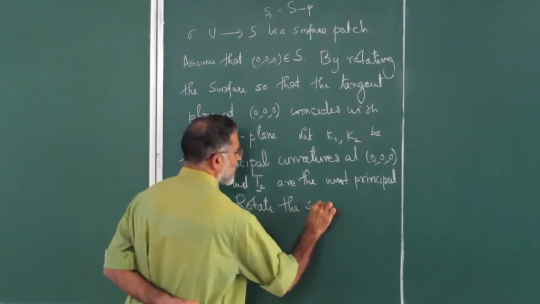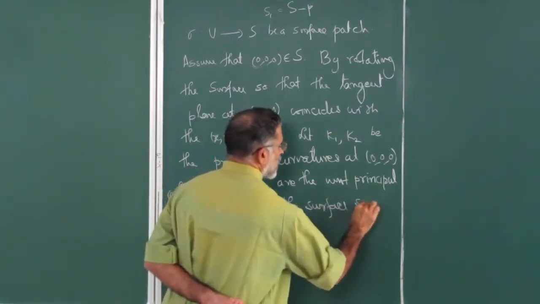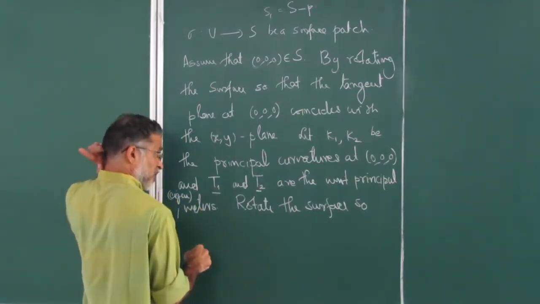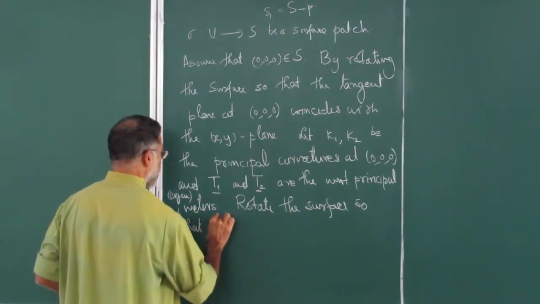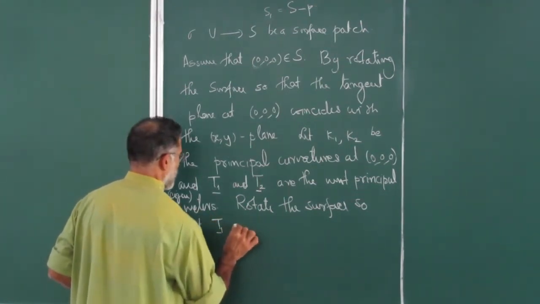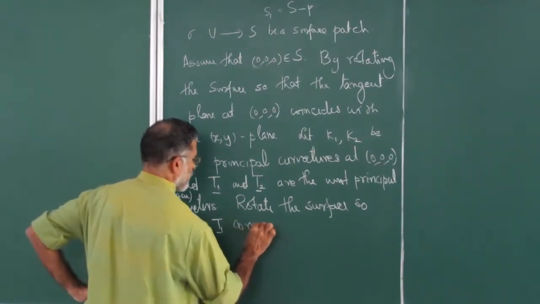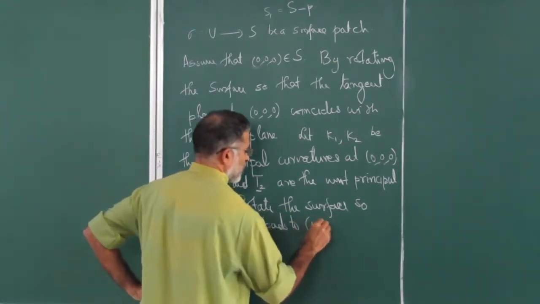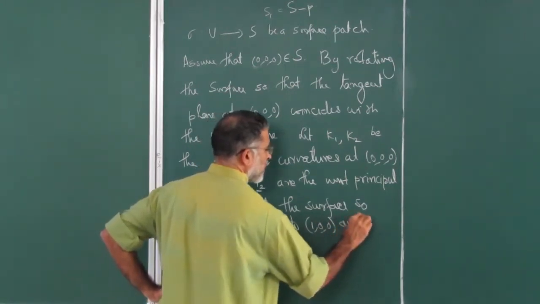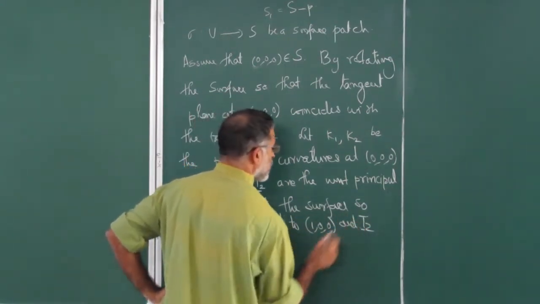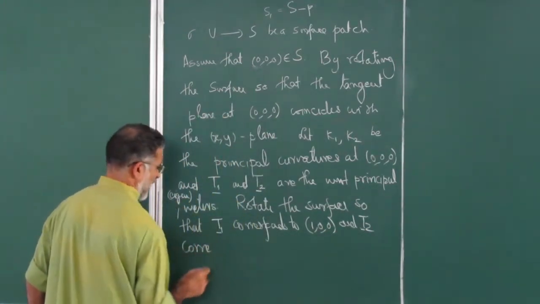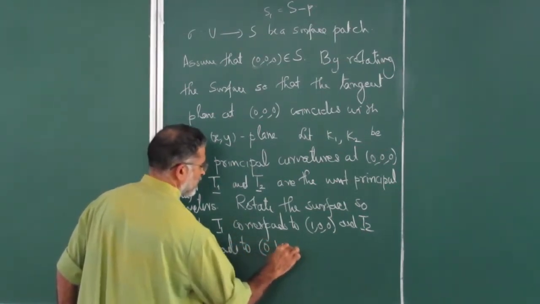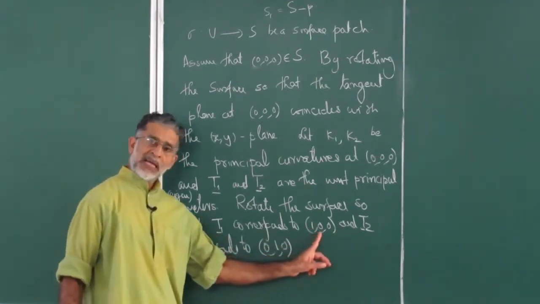Rotate the surface so that T1 corresponds to 1 0 0 and T2 coincides with the second vector. You have to be a little careful with this choice, in case you need to change it. So this is the x-axis vector and this is the y-axis.